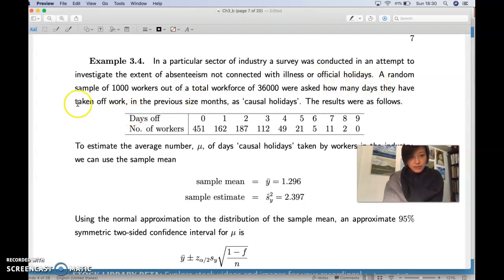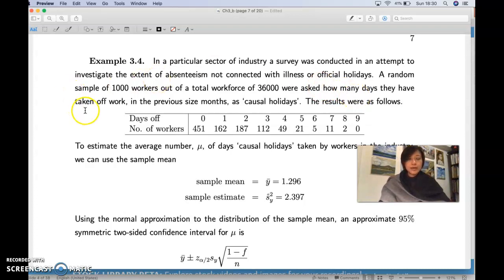Let's look at a random sample of 1,000 workers out of the total workforce of 36,000. We can see that the population size and the sample size are relatively large enough, so we feel comfortable to use the normal distribution. Assume the sample mean follows a normal distribution.